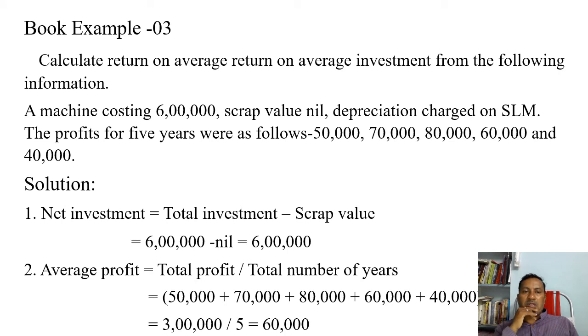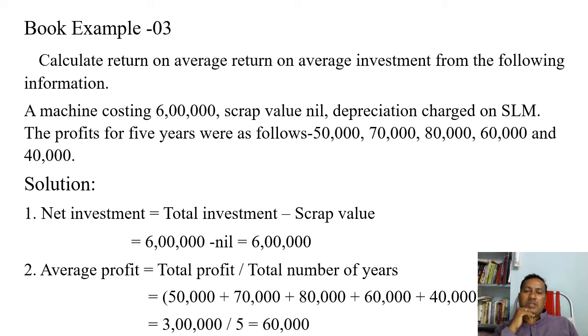Book example 3: calculate the average return on average investment from the following information. Machine costing 6 lakhs, scrap value is nil, depreciation charged on straight line method. The same problem, we need to calculate the average return on average investment. So the net investment is 6 lakh. Average profit we have to calculate with the formula.